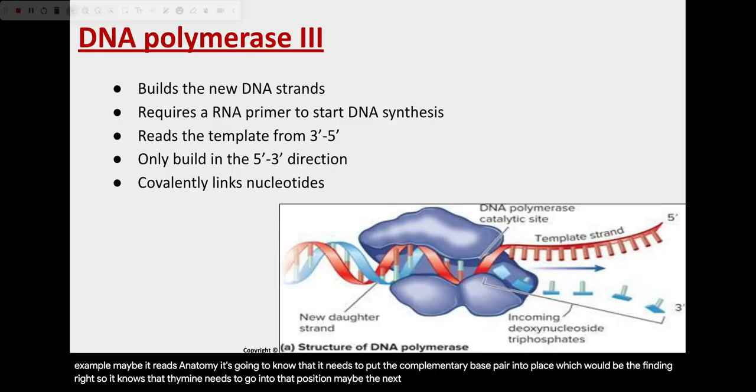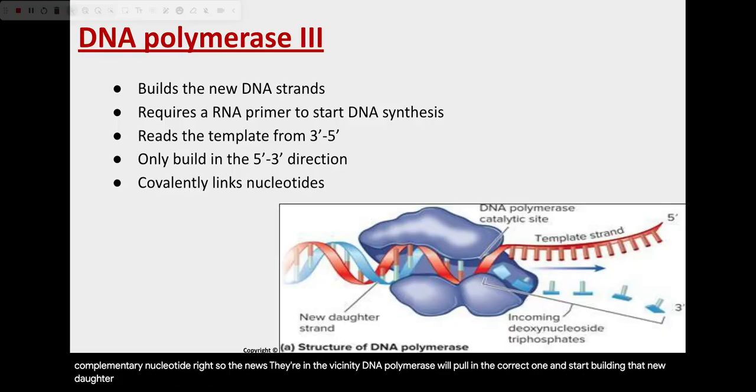Maybe the next one it reads is a cytosine, so it needs to place guanine as the complementary nucleotide. Right? So the nucleotides, they've already been made, they've already been synthesized, they're around, they're in the vicinity. DNA polymerase will pull in the correct one and start building that new daughter strand according to the instructions on the parent strand, on the template strand.